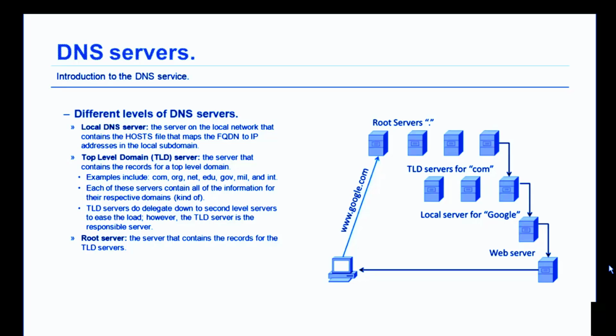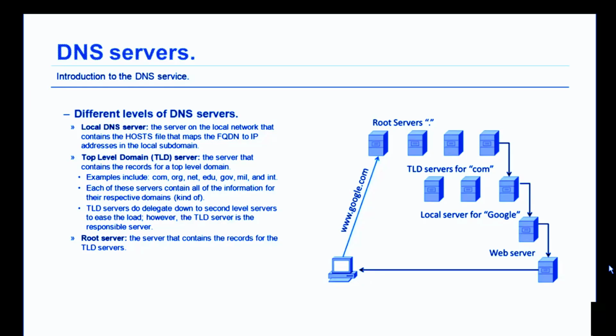Then there are top-level domain servers, the TLD server. These are the servers that contain the records for the top-level domains. Examples of top-level domains are .com, .org, .net, .edu, so on and so forth. Each of these servers contains all of their information for their respective domains, kind of.